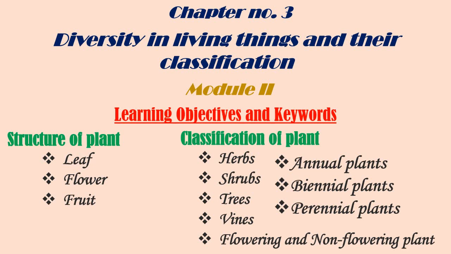In structure of plant, we have already learned about stem and root. In this module, we will learn flower, leaf and fruit in detail. Also, we will see how plants are classified on the basis of their shape, height and lifespan.